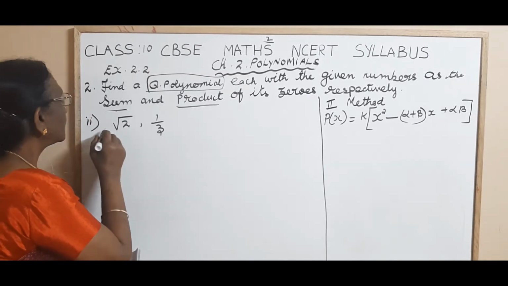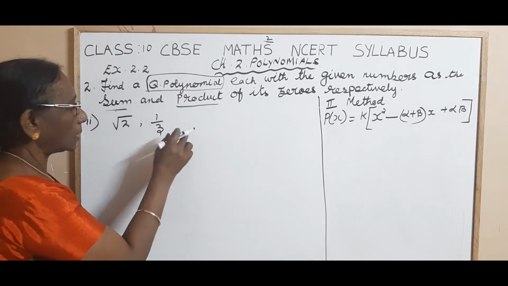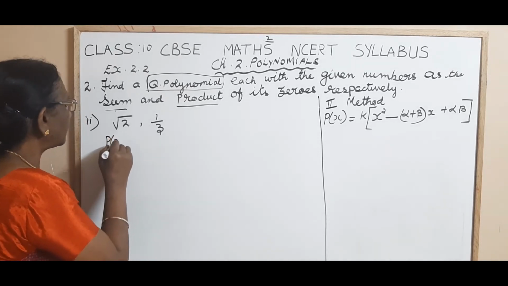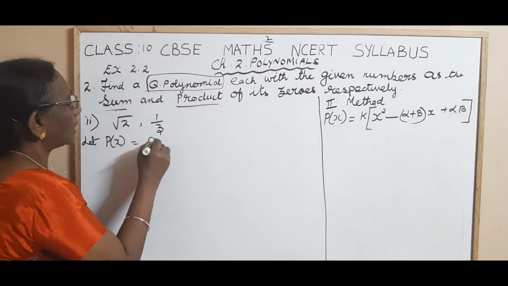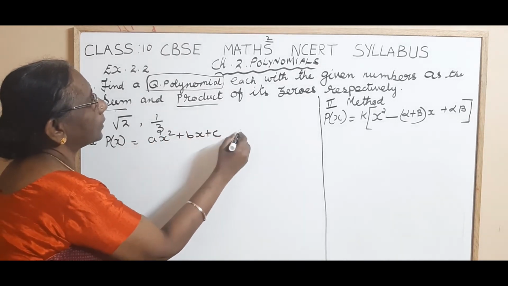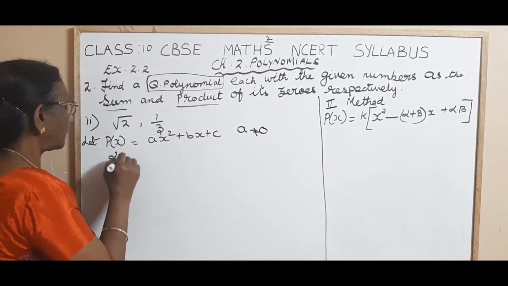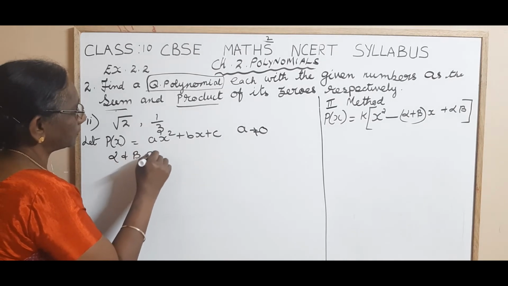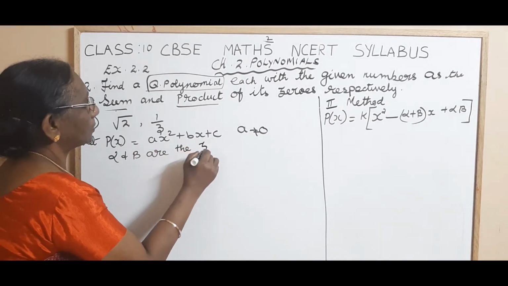In the second sum, alpha plus beta is root 2, and alpha beta is 1 by 3. So let P of x be equal to ax squared plus bx plus c, the general form, a not equal to 0, and alpha and beta are the zeros.